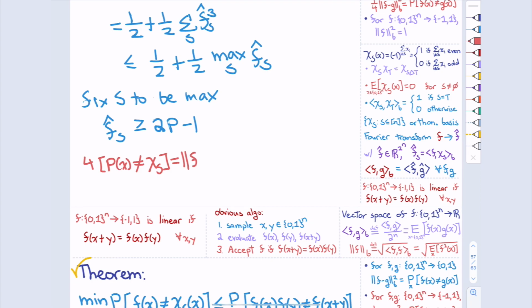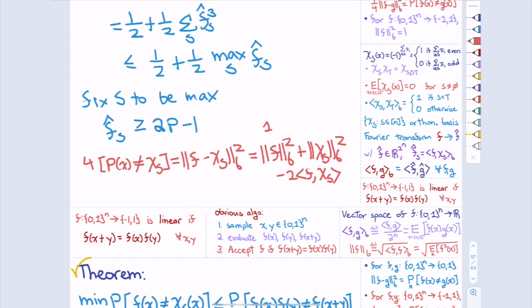Which is equal to the distance in this Boolean metric squared, and that's equal to f squared plus chi S squared minus 2 times their inner product.